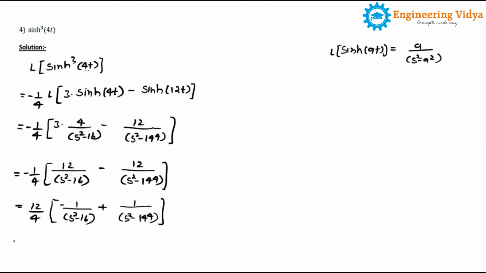And then after that we can divide, 4 3s are 12, so 3 will be outside, and then we will write 1 upon s square minus 144 minus 1 upon s square minus 16 will be there. So this is the final solution.